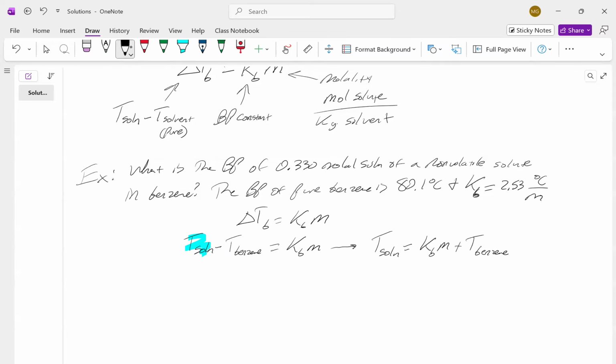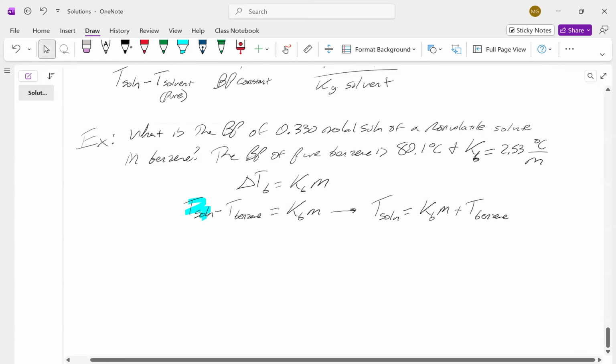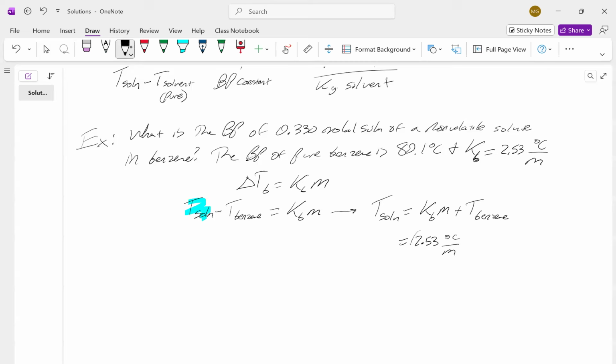And all I'm doing is just throwing in some numbers here. So I have the boiling point constant, 2.53 degrees Celsius per molal, times the molality, which is 0.330, plus the boiling point of pure benzene. Notice how the molality cancels out, and we're just left with units of degrees Celsius. And that comes out to 80.9 degrees Celsius.